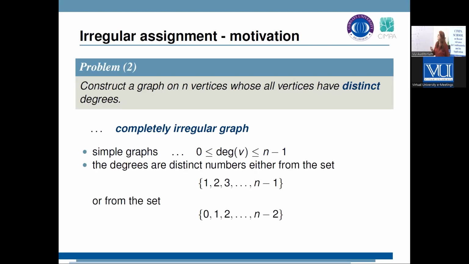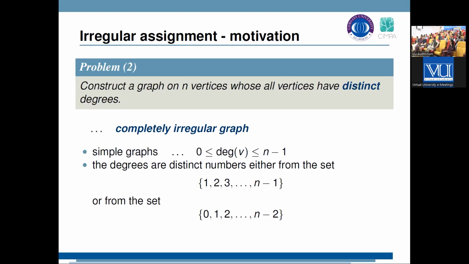So what does it mean? If you would like to construct a graph such that every vertex must have distinct degrees, then the degrees of these vertices must be distinct numbers, either from the set 1, 2, 3 up to n-1, or from the set 0, 1, 2 up to n-2.